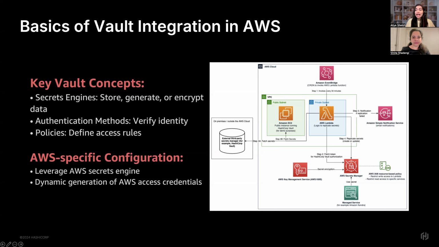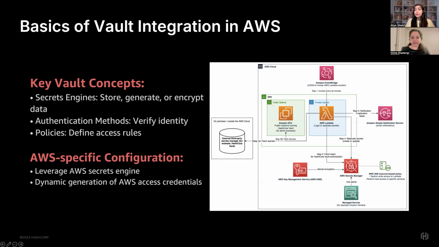These verify the identity of users or machines trying to access Vault. AWS has specific authentication methods that we'll discuss shortly. The third one is policies. These define access rules within Vault, determining what secrets a user or application can access and what actions they can perform.